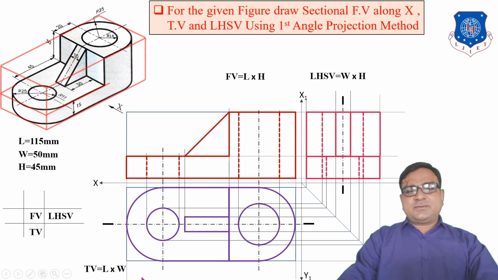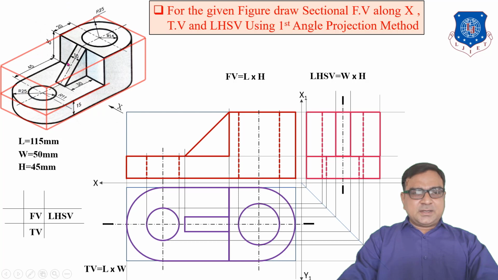Up to this we worked on orthographic projections. But if you want to draw the sectional front view, whenever you observe the front view, at that time you have to cut the object with a plane which is passing through this line. For every sectional front view we have to use a vertical cutting plane.